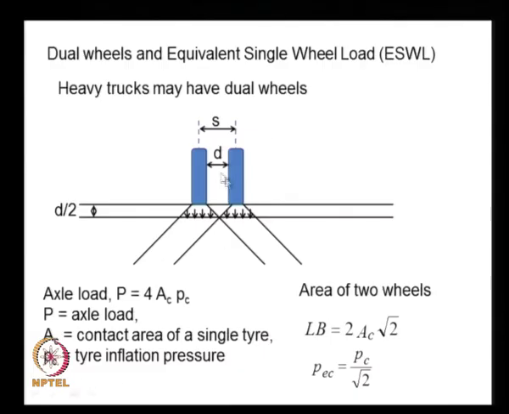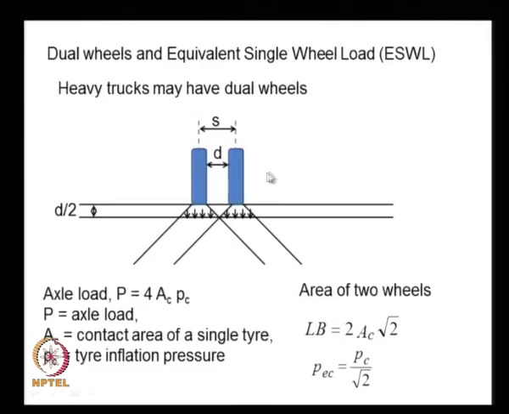And how do we treat the load that is coming from dual wheels? Say there is an axle load of P. Because there are 4 wheels, we have 4 times Ac, that is the contact area of a single tire, and Pc is the tire inflation pressure. In other words, we can calculate the tire pressure by dividing the axle load by 4 Ac.